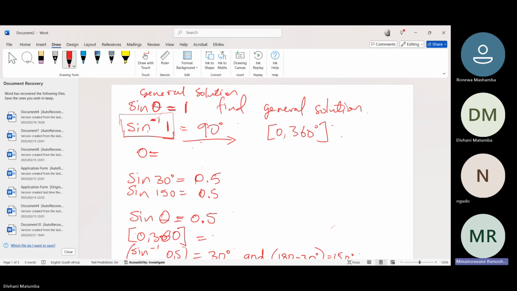So please repeat your question. Why do you think I used one general solution for sine theta equals 1? Because there is no other angle that gives you 1.